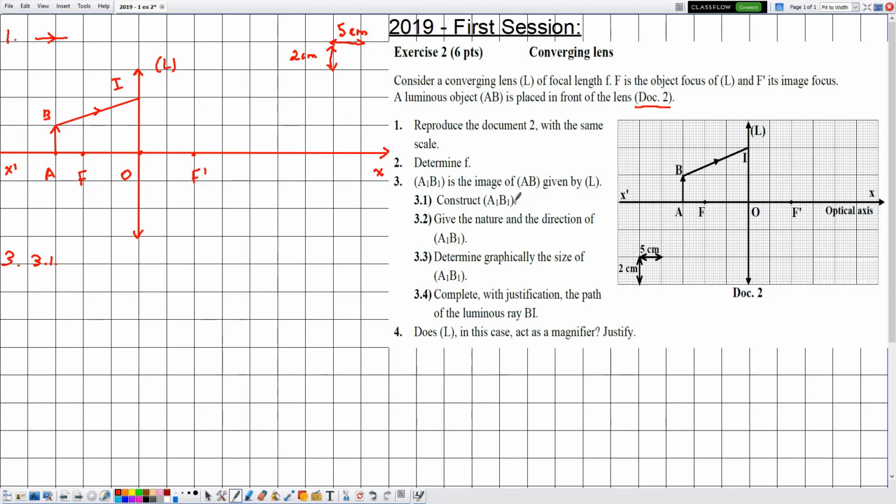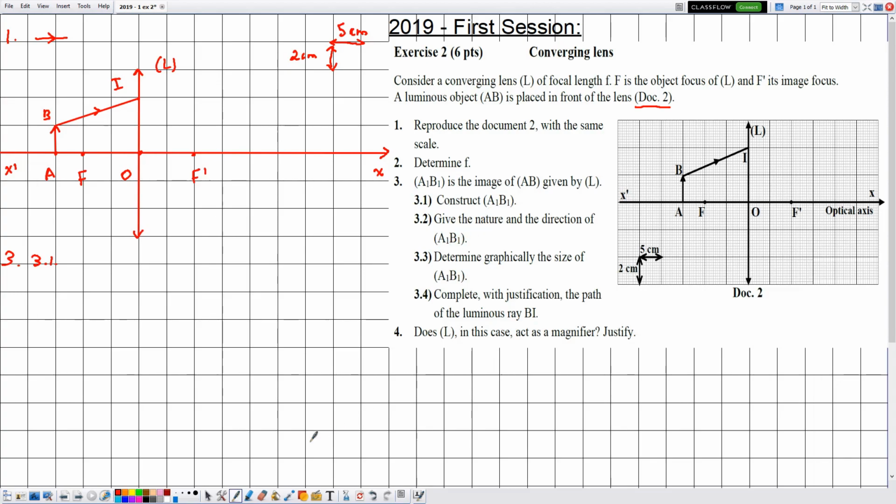Okay, so we need to construct the image A1B1 given by L. And the word construct means that we need to trace and justify at the same time. Notice that till this moment we didn't trace any rays issued from B. Okay, so here by construct we need to do all the steps. So we need to trace the rays and justify their path, as well as trace the image and justify its tracing.